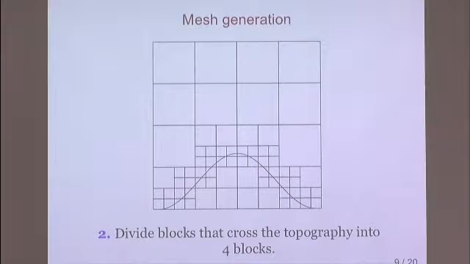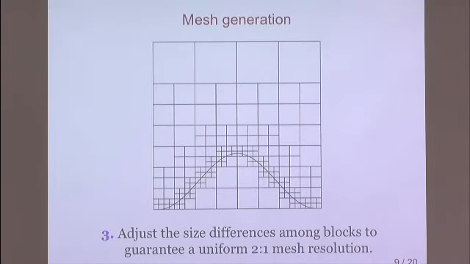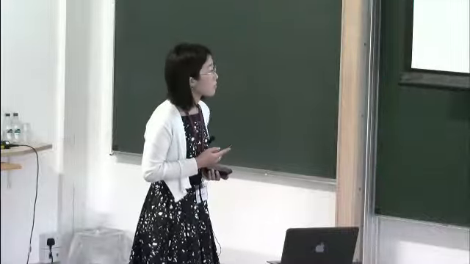And repeat this process again and again until you get as high resolution as you want near the topography. Next, adjust the size differences among blocks to guarantee a uniform 2:1 mesh resolution at the fine-coarse block boundary. And then remove the blocks that are located completely inside the topography to avoid unnecessary calculation inside the topography.